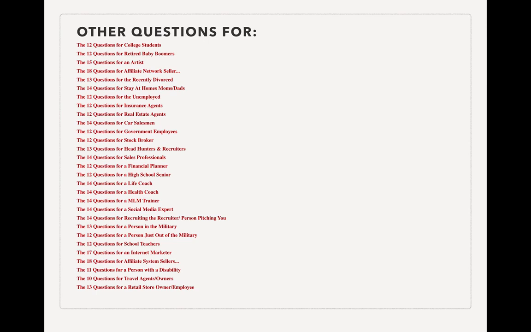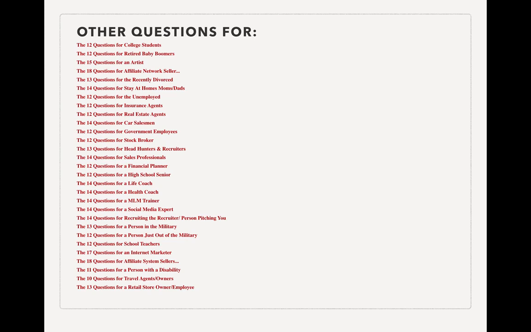For example, if you are hitting a young audience like college students, or on the opposite, retired baby boomers, or artists, affiliate network, recently divorced, stay-at-home moms or dads, unemployed, insurance agents, real estate agents, car salesmen, government employees.